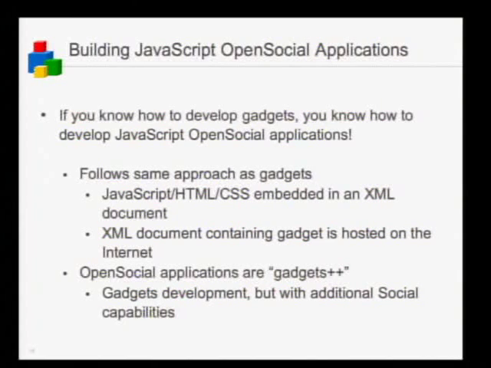Well, as I mentioned before, if you know how to develop gadgets or iGoogle gadgets, you already know how to build OpenSocial applications. It's just that OpenSocial applications provide additional functionality, meaning that instead of just traditional gadgets where you can write some JavaScript and have it embedded in a little iframe or a little window in a web page, here you can actually access social information.